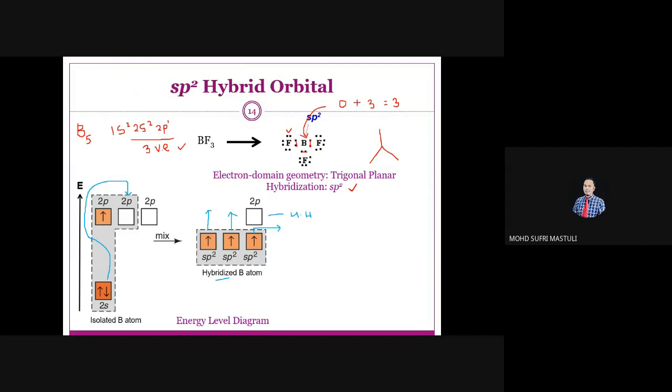If we don't hybridize, only one fluorine will bond to the boron, so this molecule would not happen.